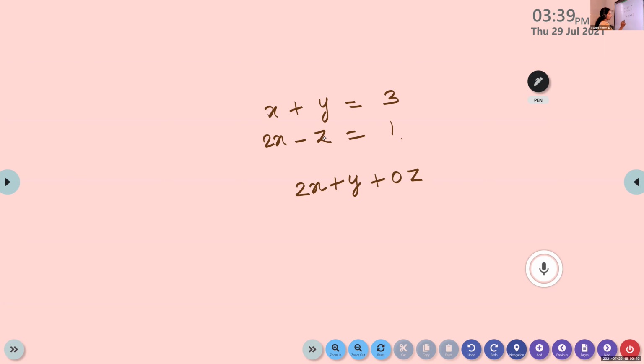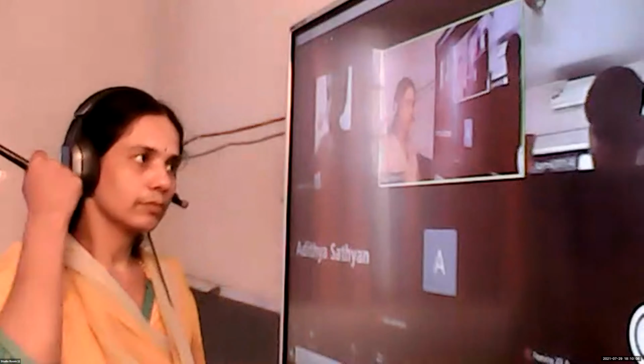So the missing terms, you should replace with 0, minus 1z. Otherwise everything will go wrong. So look at the count and see how many variables are there. Accordingly, you should write.